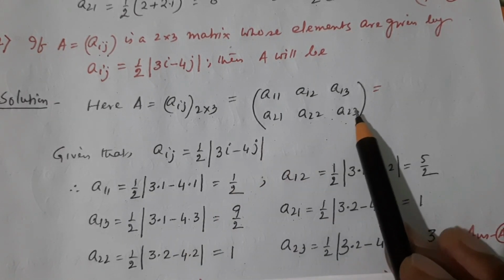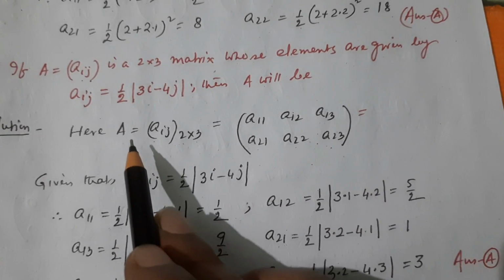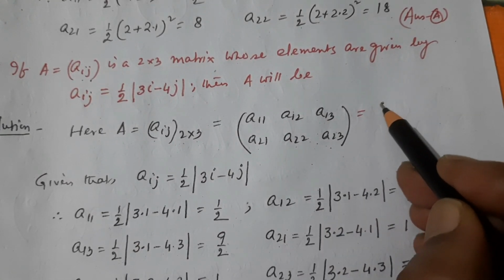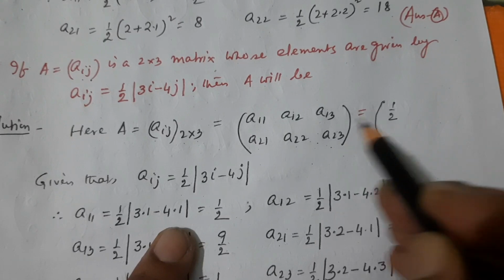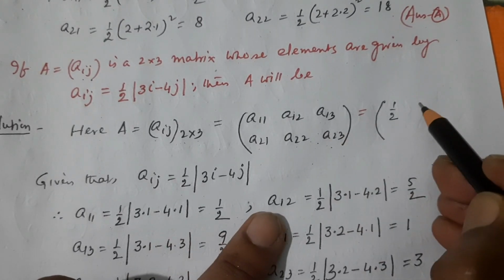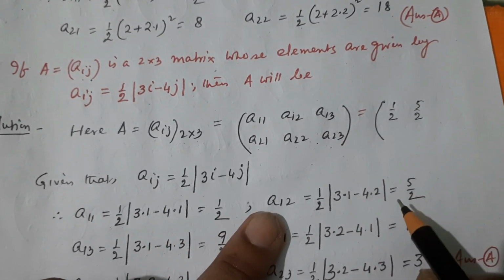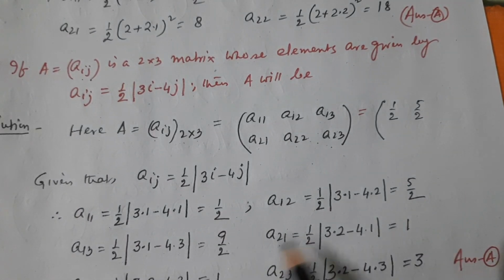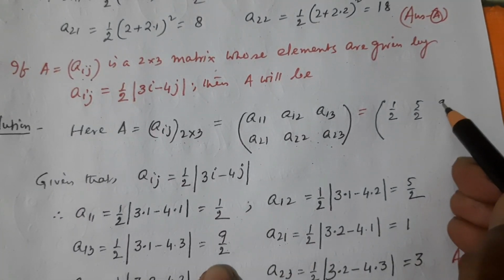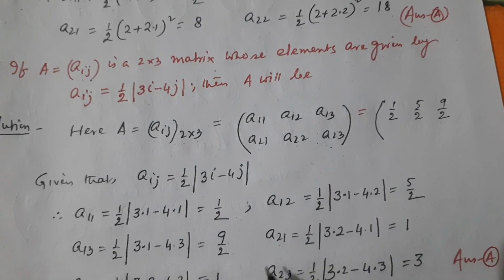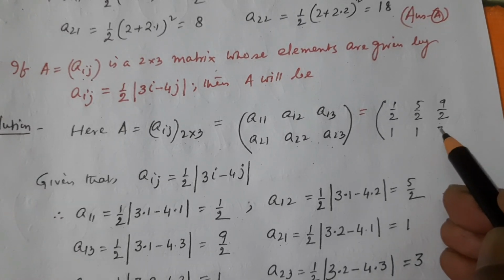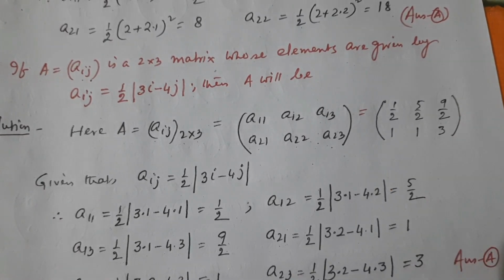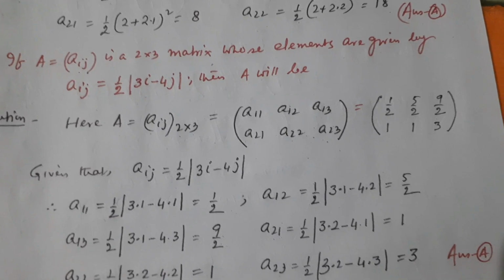Substituting these values, the matrix A has A11 equals half, A12 equals 5 by 2, A13 equals 9 by 2, A21 equals 1, A22 equals 1, A23 equals 3. So this is the matrix, and the correct option is A.